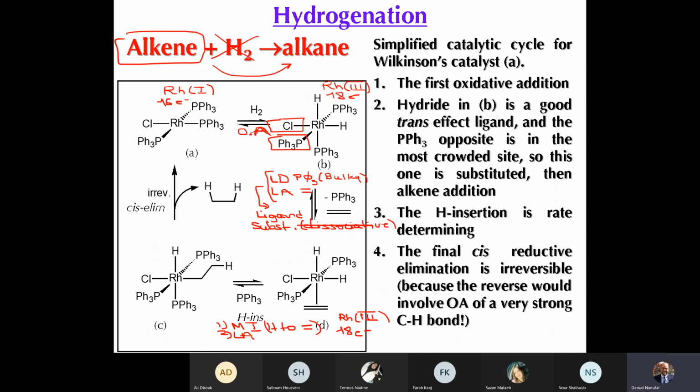What is the ligand that was added? The ligand that was added might be one of the ligands dissociated, since the dissociated ligands are in the reaction system. Or it can be one of the reactants present. So the ligand addition might be alkene, might be hydrogen, or might be one of the ligands dissociated.